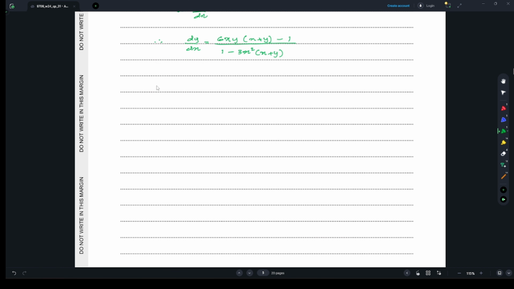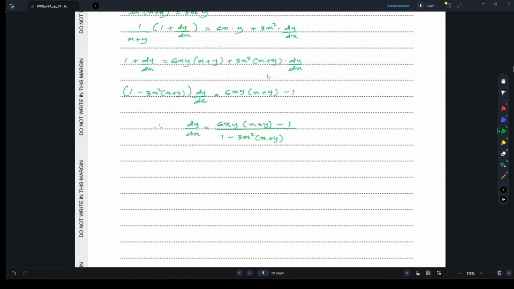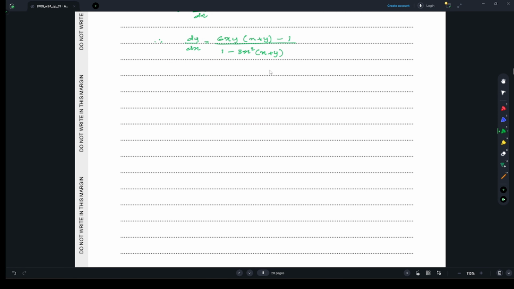Then we have to find the gradient at the point (1, 0), so we can substitute that. The x value is 1 and the y value is 0.